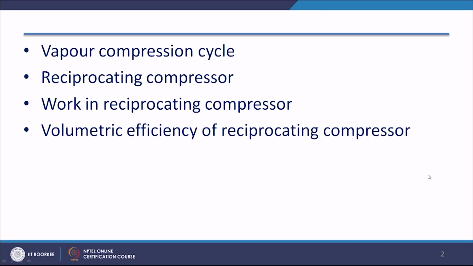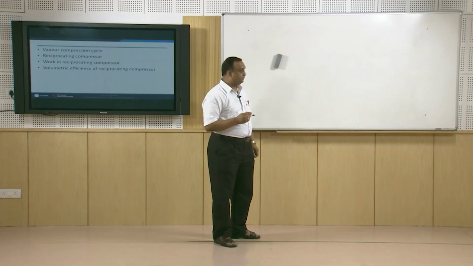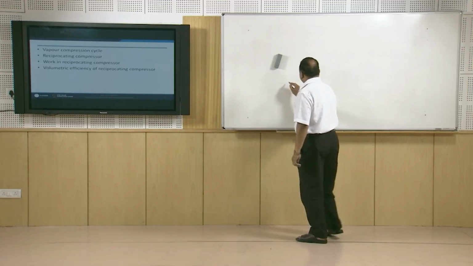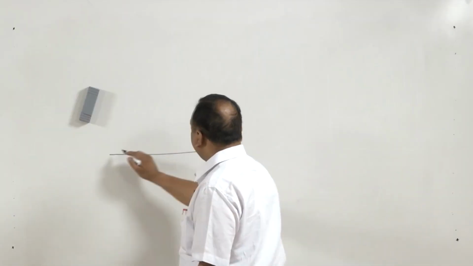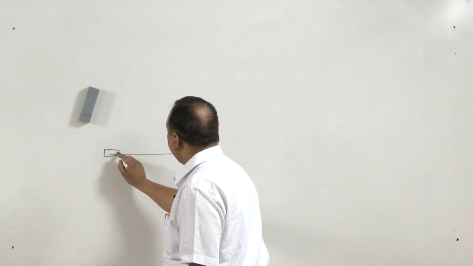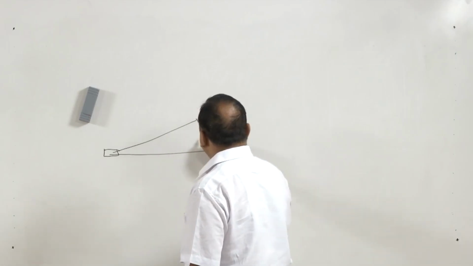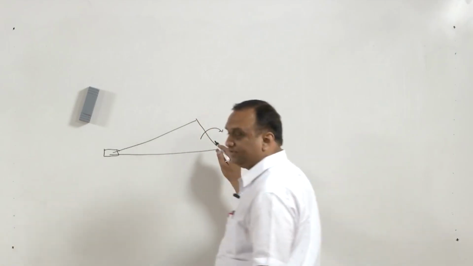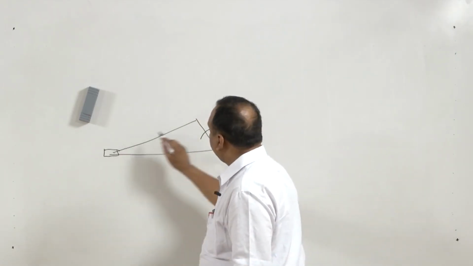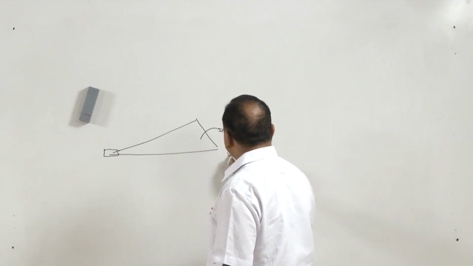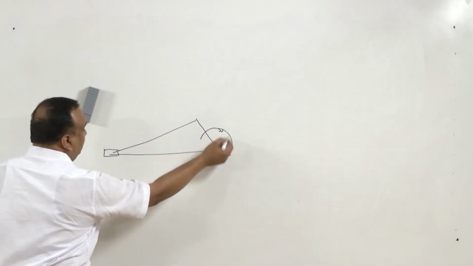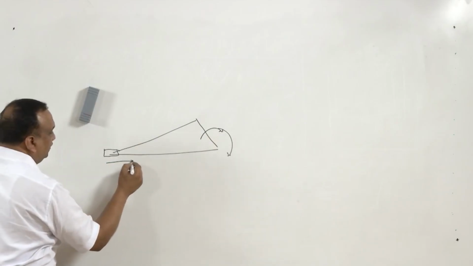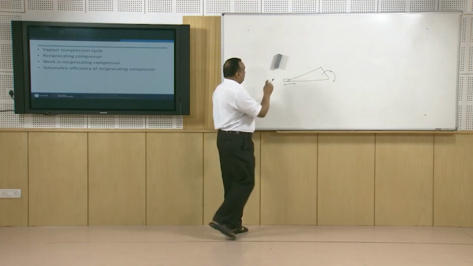A reciprocating compressor works on slider crank mechanism. A slider crank mechanism is a 4-link mechanism consisting of a piston, a sliding link connected to a rotating link which is known as crank, and there is a connecting rod. This rotational motion of the crank is converted to the reciprocating motion of the piston.